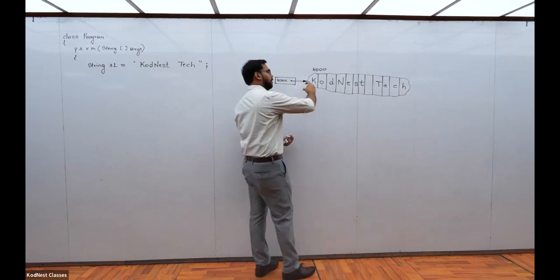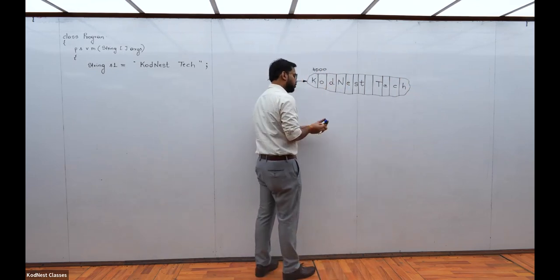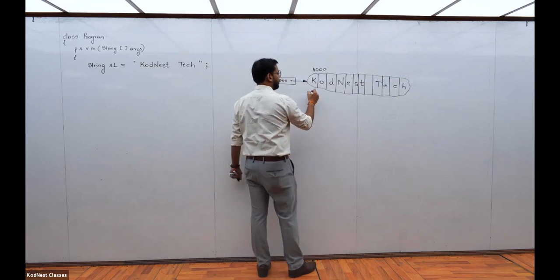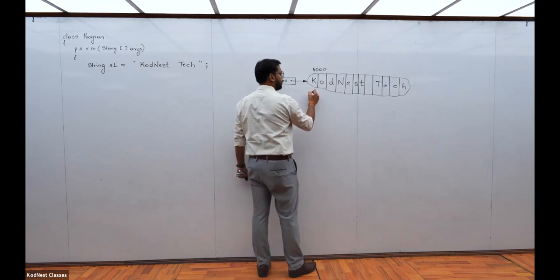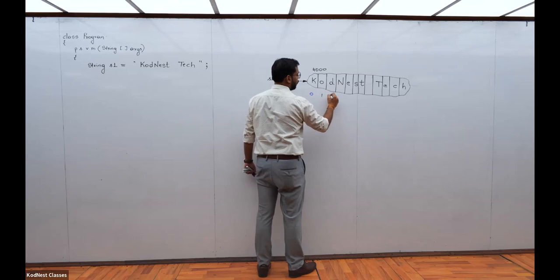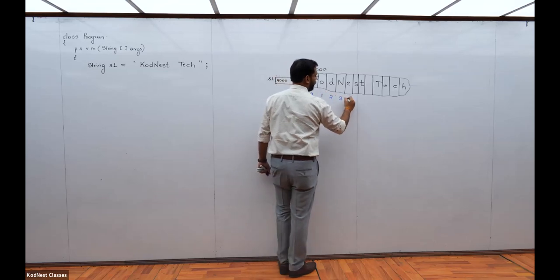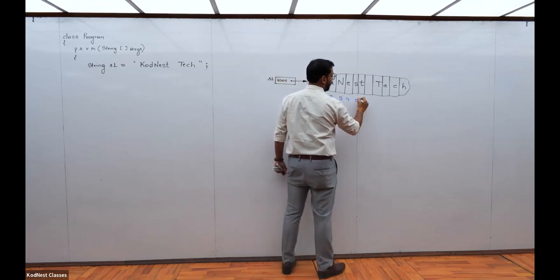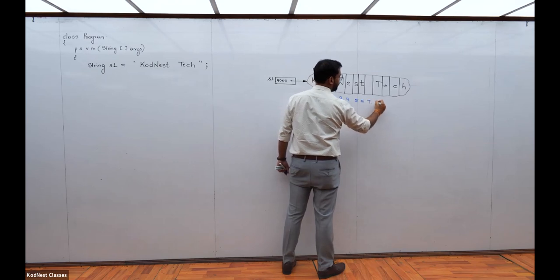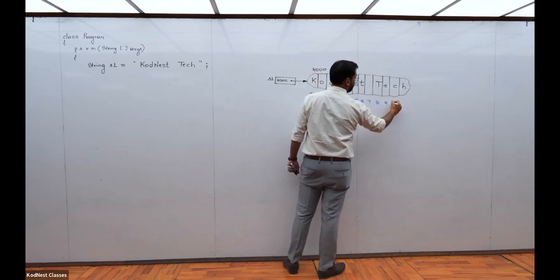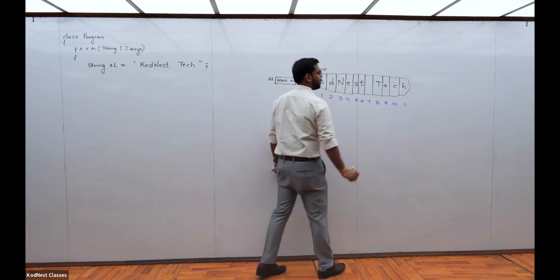So like this, it will be created inside the memory. Also, the indexing will be done, and indexing will always start from 0. So 0, 1, 2, 3, 4, 5, 6, 7, 8, 9, 10, and 11.